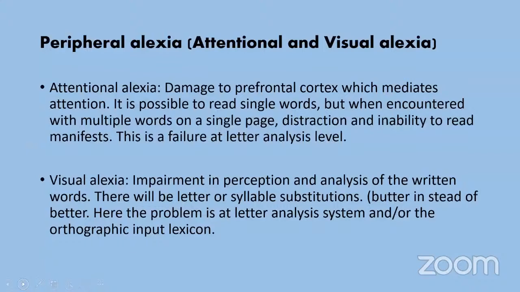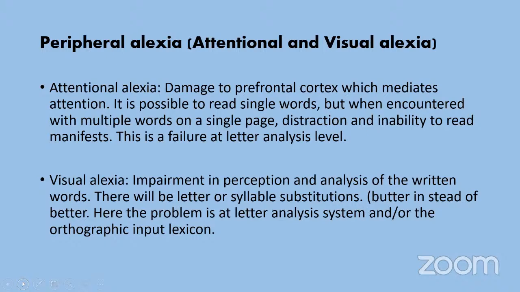This is a failure at the letter analysis level. Visual Alexia is impairment in perception and analysis of the written words. There will be letter or syllable substitutions here. For example, butter is read instead of better. Here the problem is at the letter analysis system under the orthographic input lexicon.